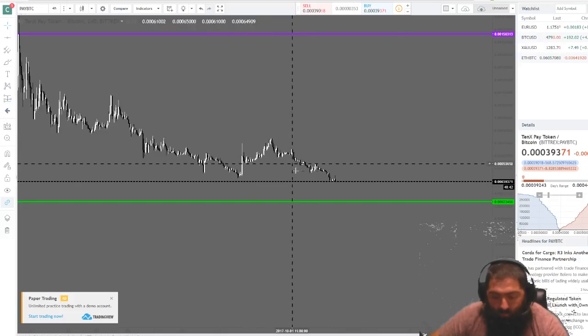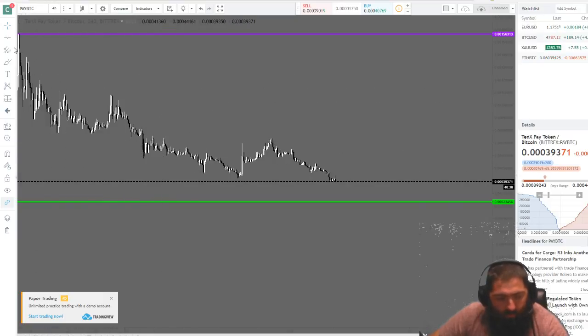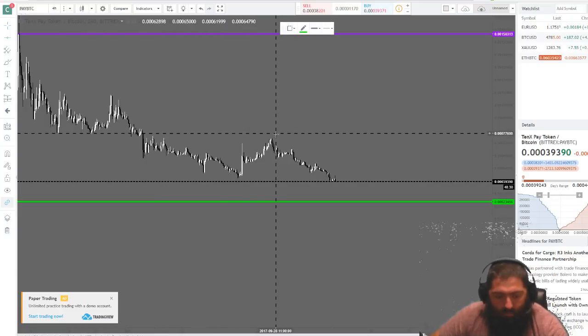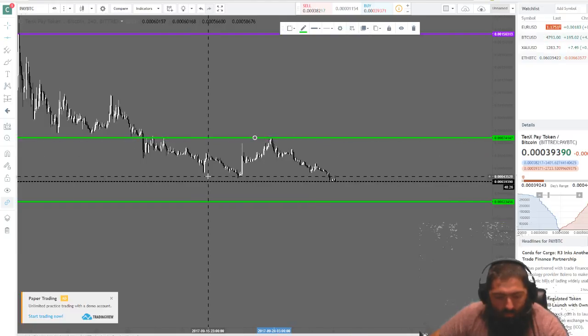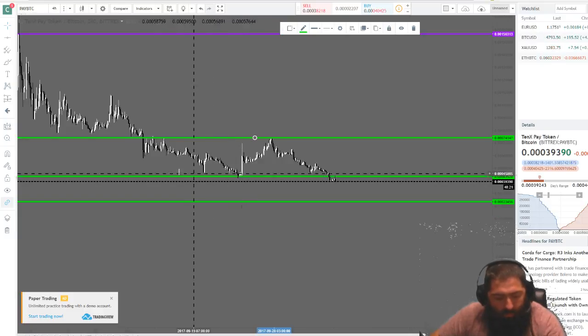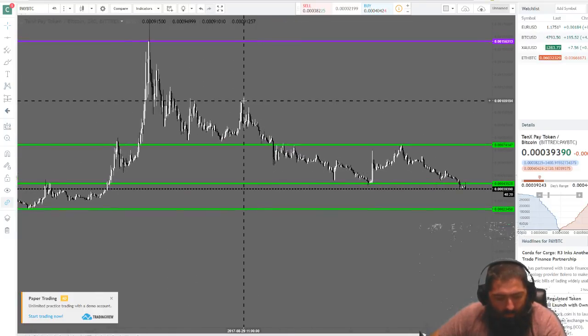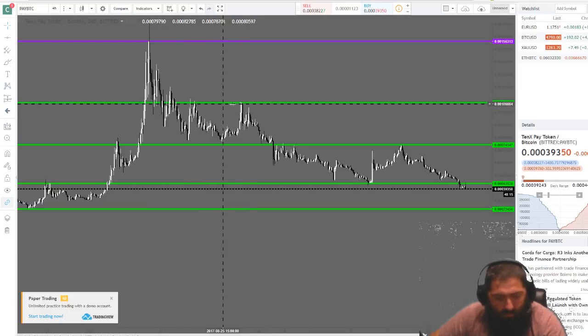These are 4 hours right now, and I use 4 hours to mark up my charts. So that would be the top. There's a good bottom right there. There's another top, touches twice.